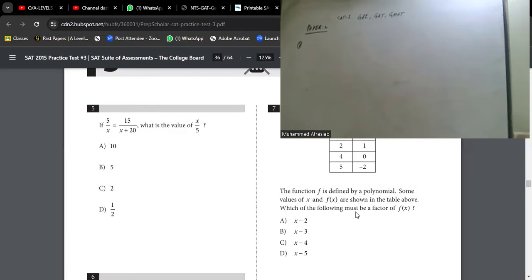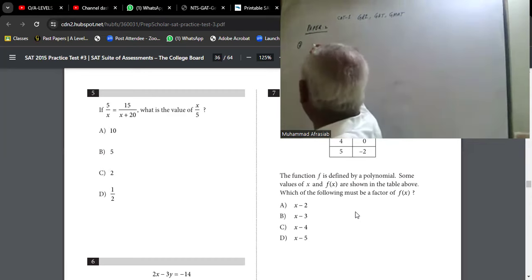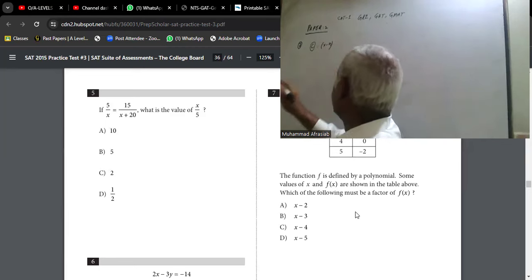X minus 3. If x is equal to 3, then the value of this is not even shown in the table there. X minus 4. If x is 4, then the value of f of x is equal to 0 because it is a factor. So C part is the answer of this question. So for this question, C part is the answer, x minus 4, as it is a factor of that.